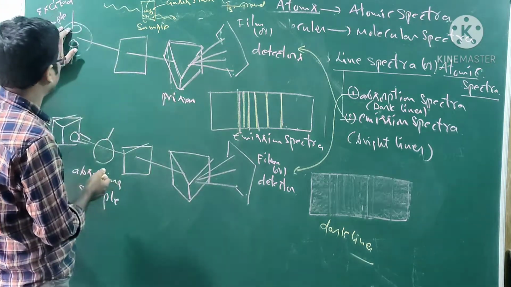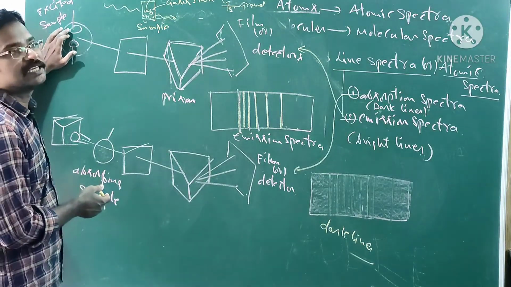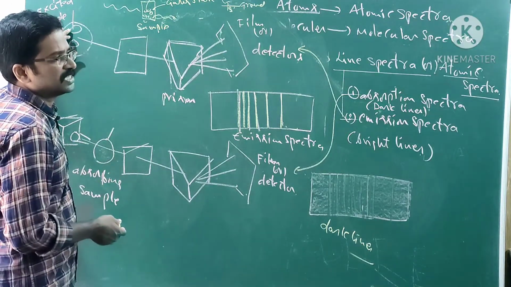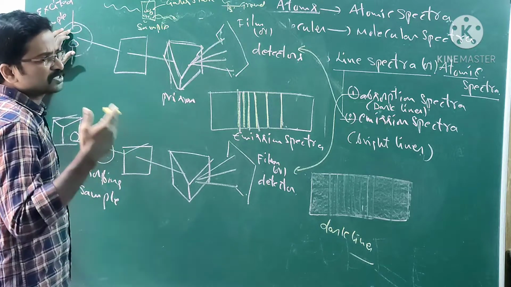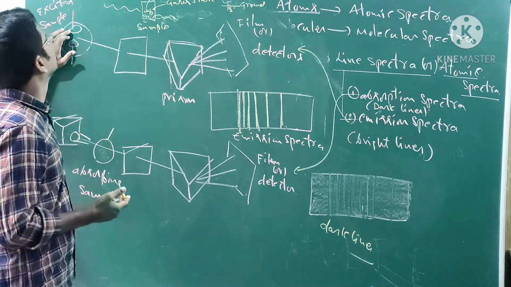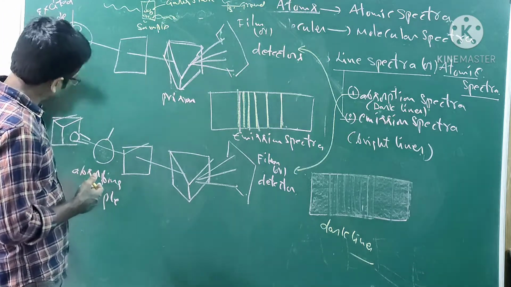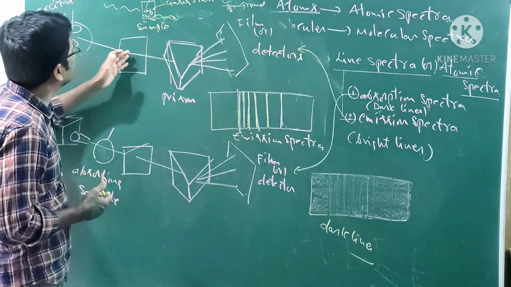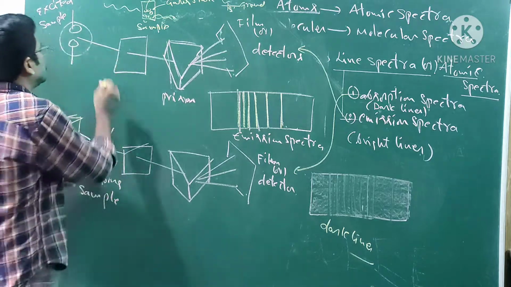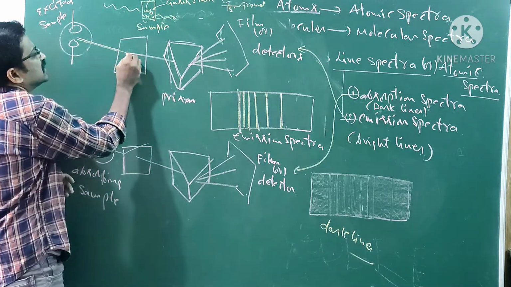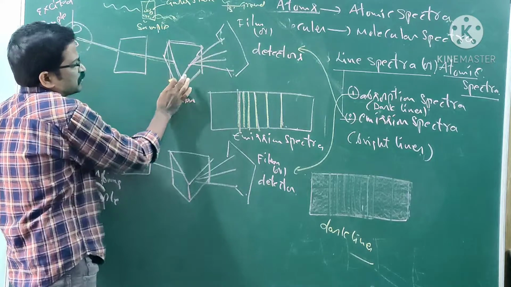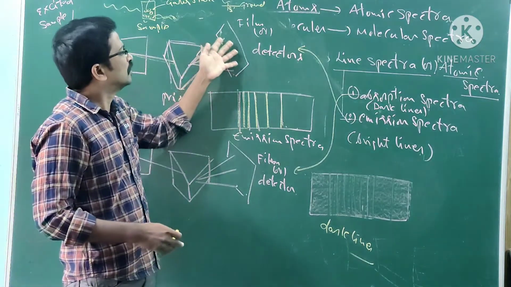That is why the excited sample contains atoms with electrons in the excited state. These atoms go to the lower energy state and emit radiation. That emitted radiation is captured here. It falls on the same prism and then gives the spectrum.